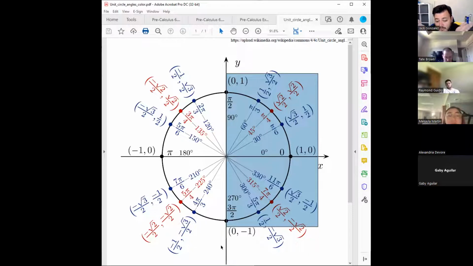Okay, so even though negative pi over 2 is the same as 3 pi over 2, it's not 3 pi over 2, it's negative pi over 2. Okay, it's only on this half of the circle. So if you're only looking over here for sine inverse, the only solution where you have a y value of 0 is going to be 0, right? So the angle 0 gives you a sine value of 0.